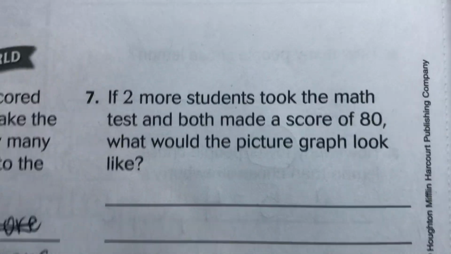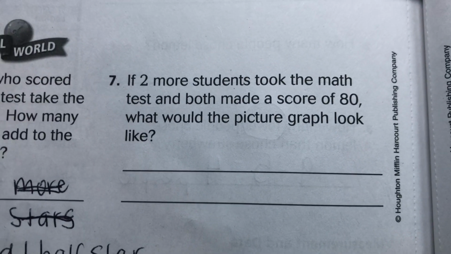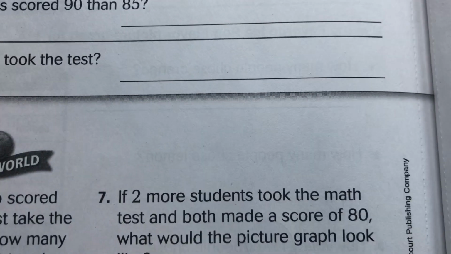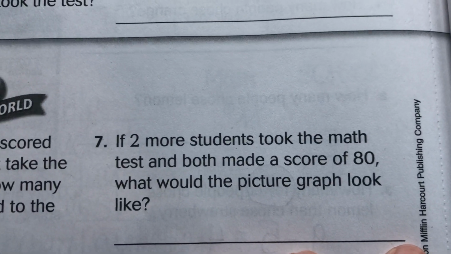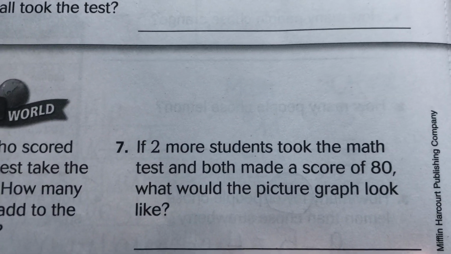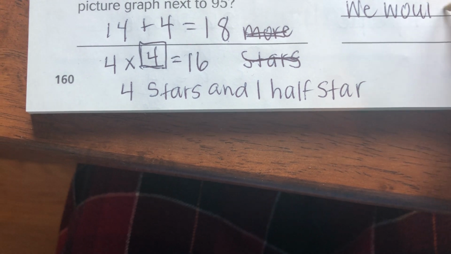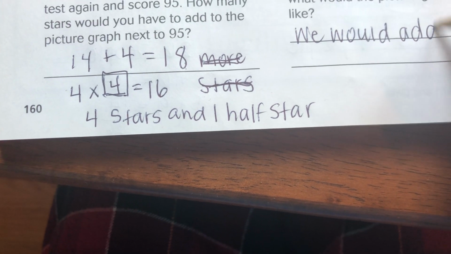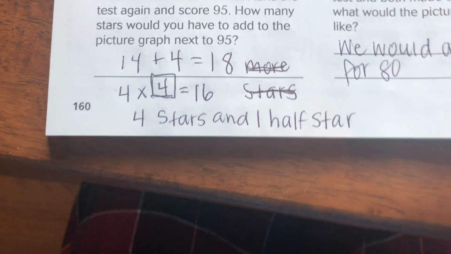If 2 more students took the math test and both made a score of 80, what would the pictograph look like? Okay, so if 2 more students took the math test and scored an 80, what would it look like? So we don't have 80 there on our pictograph, but we would need to add another row for 80.